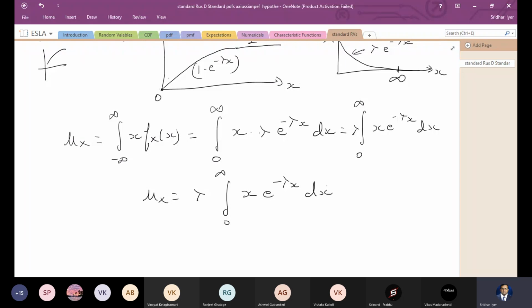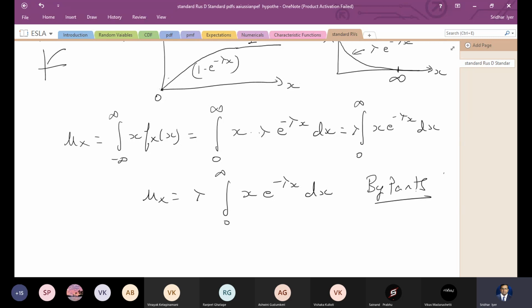Okay. Let's make it easy. Mathematics is not tough. How about integration by parts? Does that look easier to implement here? What is known as the UV rule. Are you aware of it?